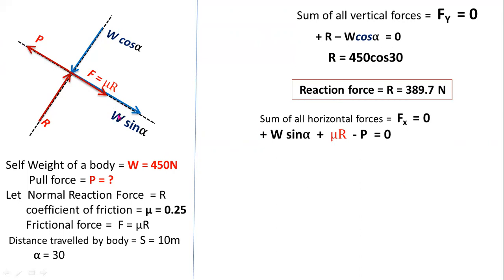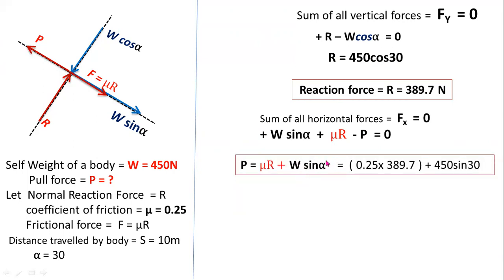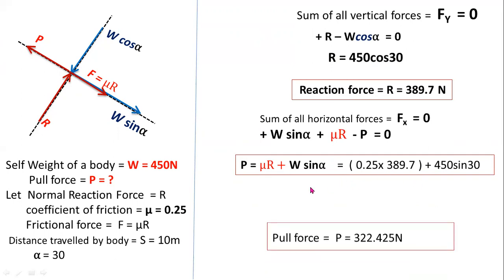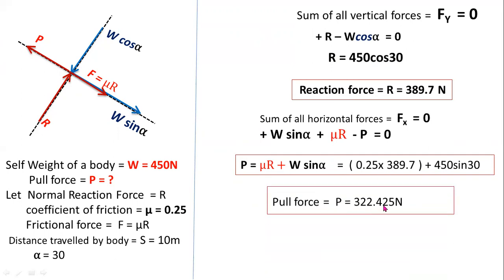So mu R plus W sin alpha minus P equal to 0. P equal to the applied force, P equal to mu R plus W sin alpha, P equal to 322.425 newtons is the required pulling force.